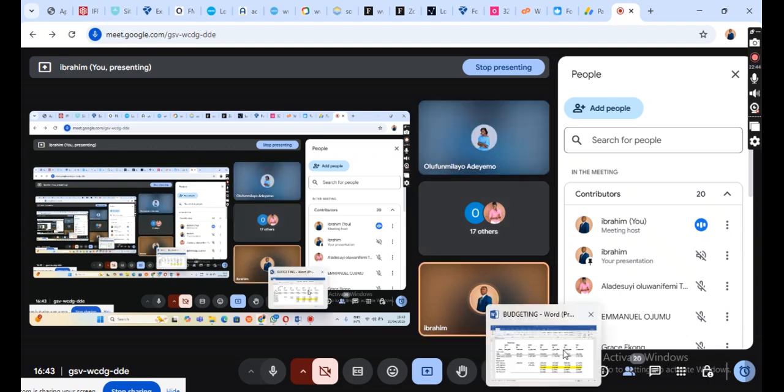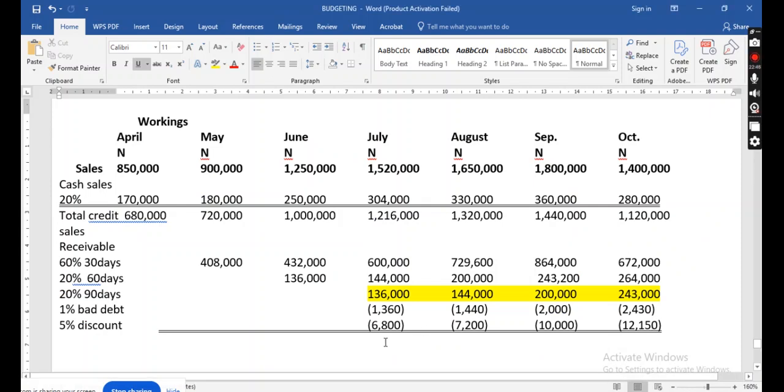Now we move on. We'll just do the one for July. What is the figure? 1,216,000. This is okay. 600 plus 144 plus 136 minus 1,360 minus 680.